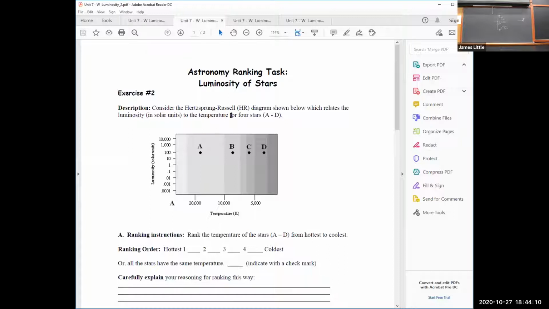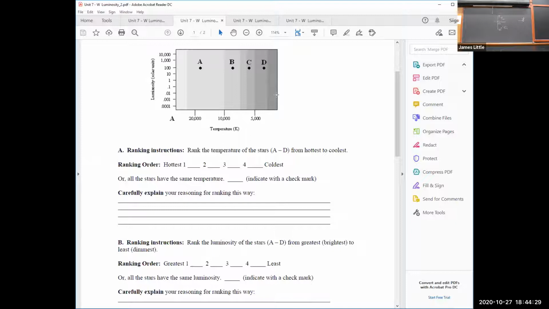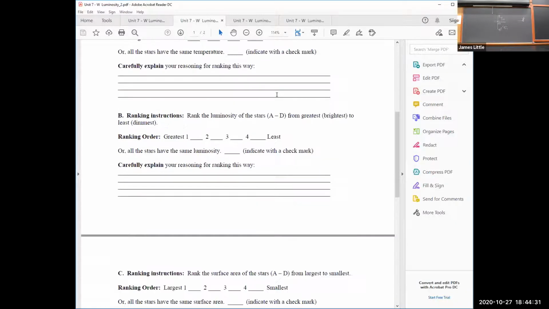Now, I'm going to show you your very first HR diagram, and it relates the luminosity, the total energy output, versus the temperature. Rank the temperature of the stars from hottest to coldest. Then rank the luminosity of the stars from greatest to least.